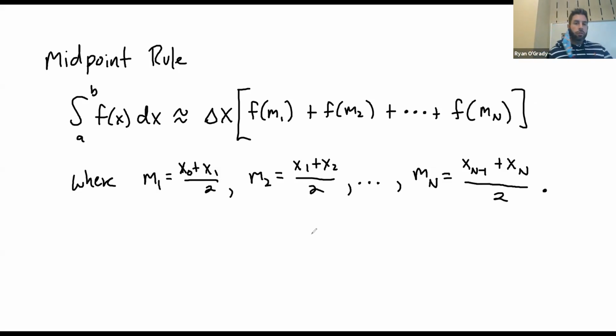So yeah, there's a 2 in the trapezoid rule, but the reason these halves show up here has nothing to do with why they show up in the trapezoid rule. So the question was, why do these 2's show up here? Well, I'm finding the halfway point between two numbers. How do you know the halfway point or the average of two numbers? You add them up and divide by 2. So these 2's that show up here have nothing to do with the 2's that show up in the trapezoid rule.